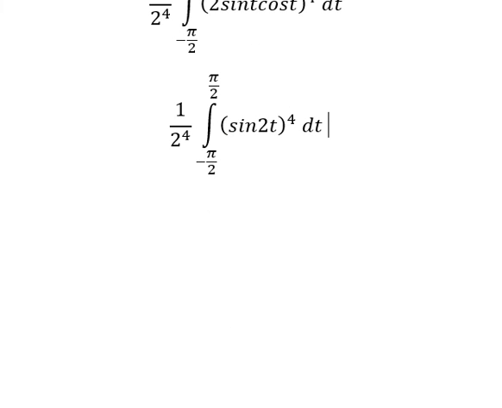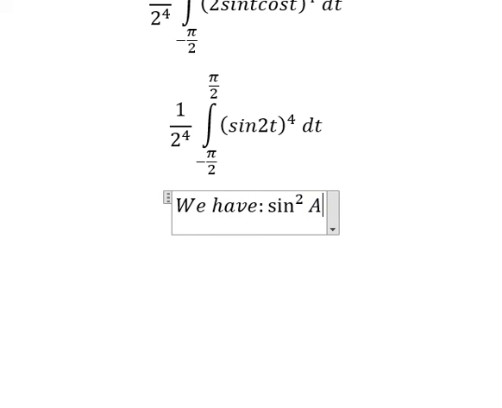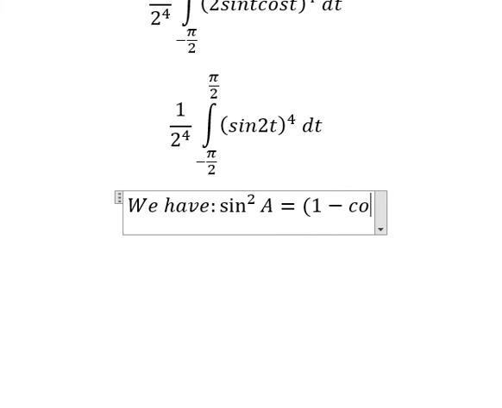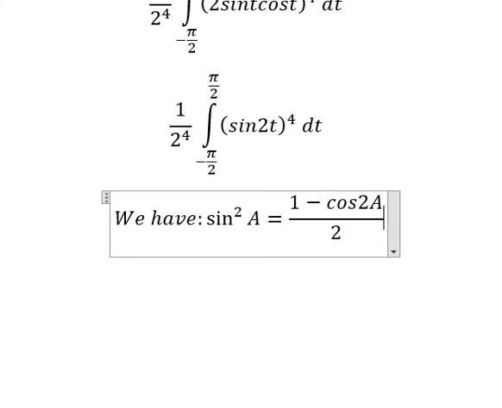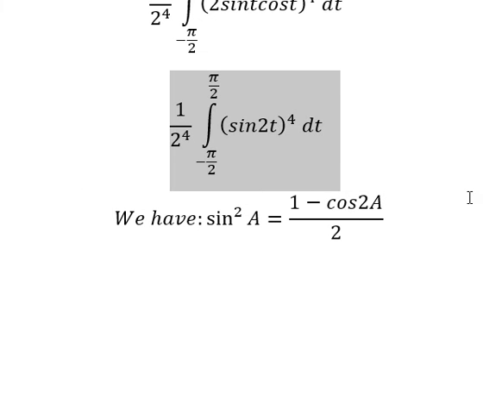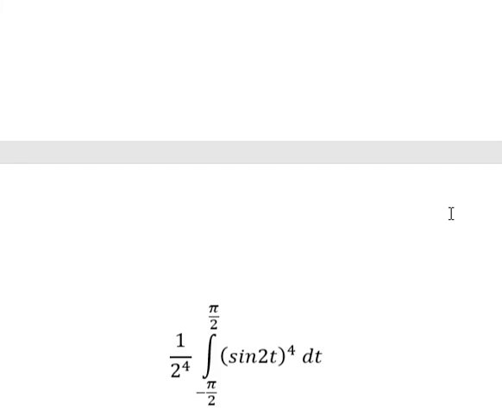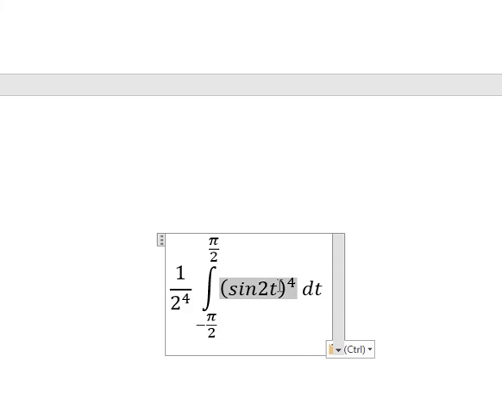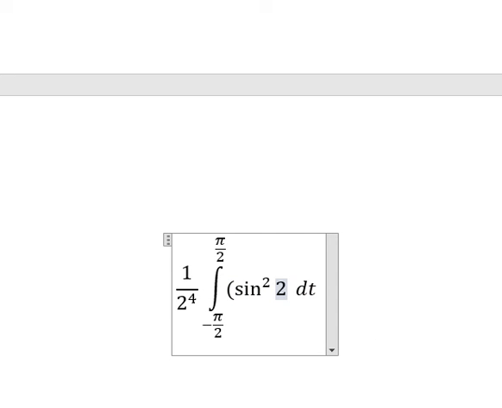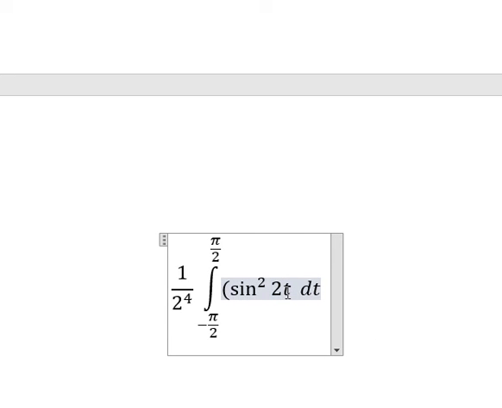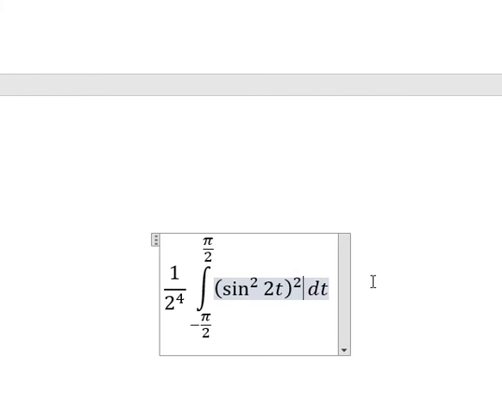Next, we have the formula in here. Sine a square equals 1 minus cosine 2a over 2. So, if we look carefully at this one, that's sine 2t square, or sine 2t to the power of 2.